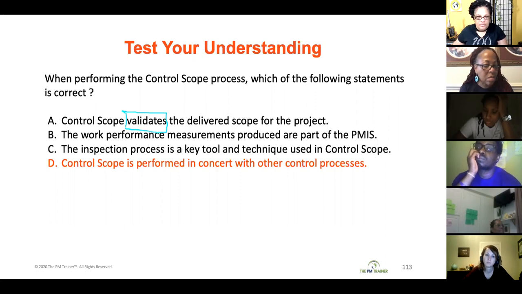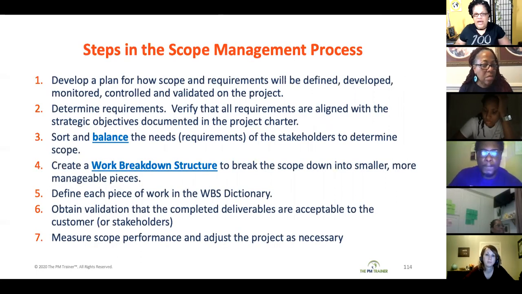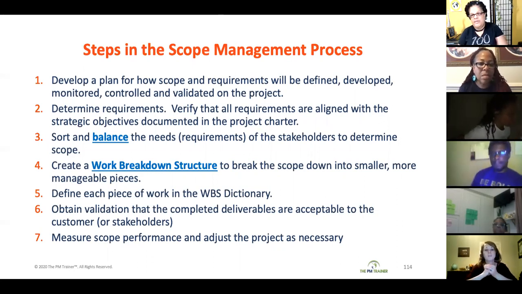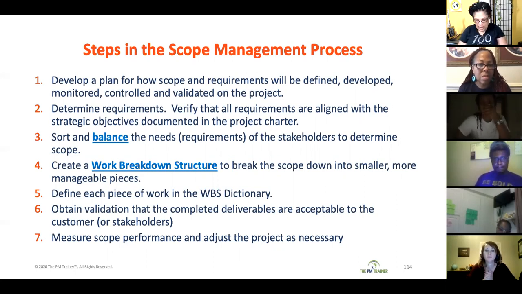Okay? So let's go ahead and summarize the steps in scope management. So first, we're going to develop a plan scope management. We're going to develop a plan on how we're going to collect our requirements, how we're going to define our scope, how we're going to validate our scope, how we're going to control it. Then we go and we start to collect those requirements.